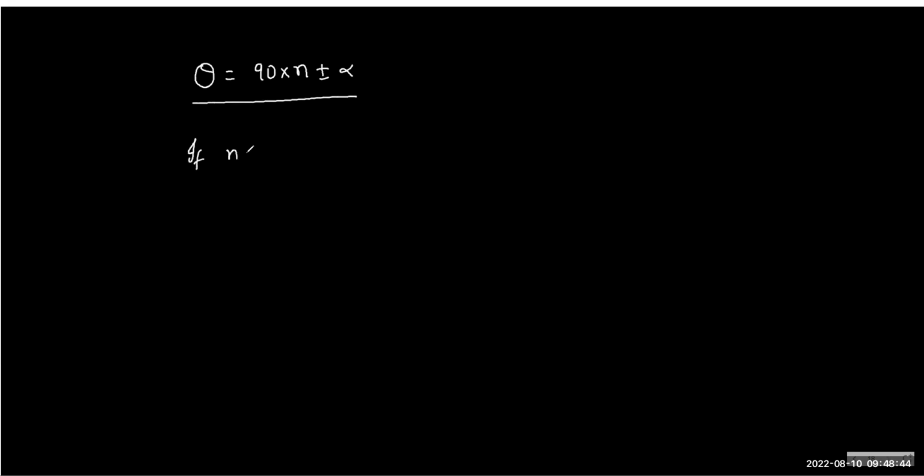If n is odd, use the complementary rule: convert the trigonometric ratio into its complementary value.